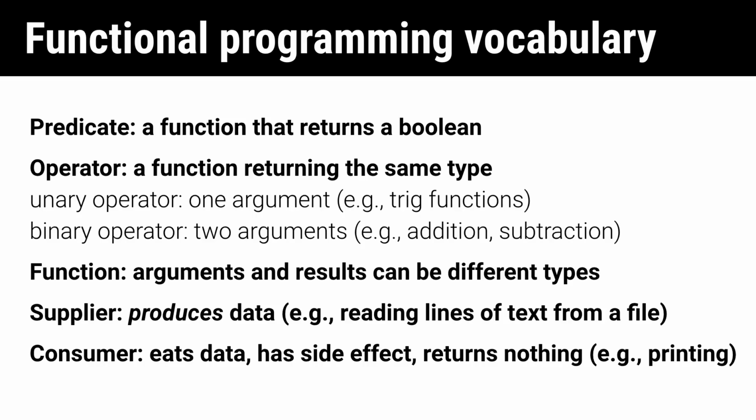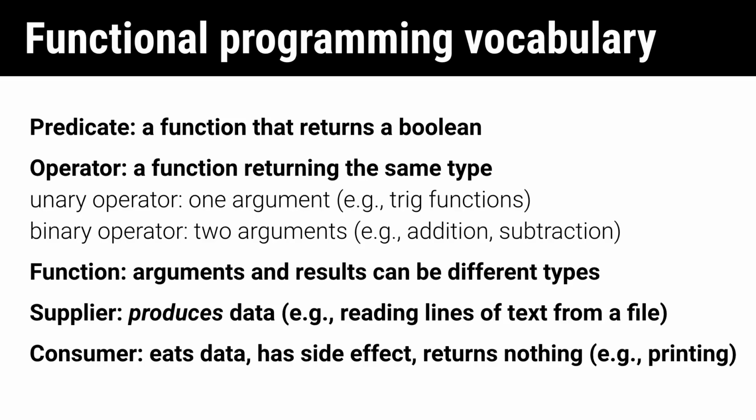So a function is a more general purpose thing. With a function, the arguments and the results could be a different type. Similarly, we will bump into suppliers, which produce data. So we might have something where every time you call a function, you get the next line out of a file. That would be a supplier or a producer. Conversely, a consumer eats data, does something, and returns nothing.